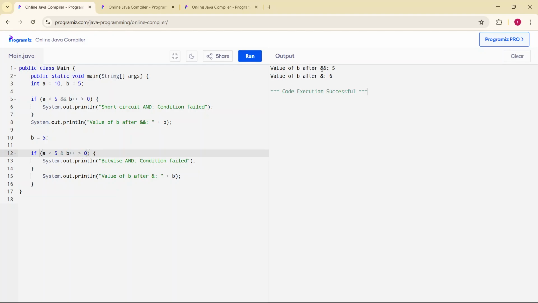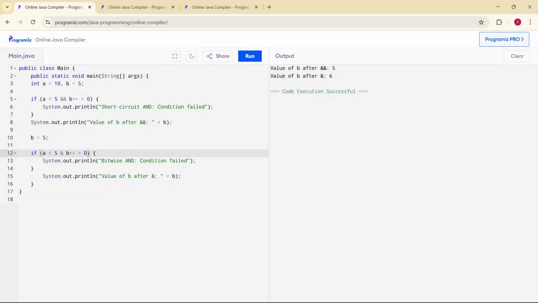Value of B after short circuit AND is 5. Value of B after bitwise AND is 6. Here the second argument is optional; it is not executed because the first argument returns false. Here the second argument is always executed, so the value of B is incremented.